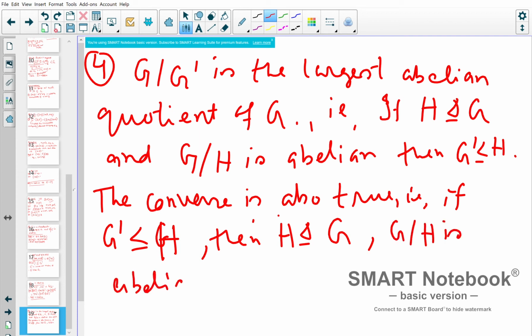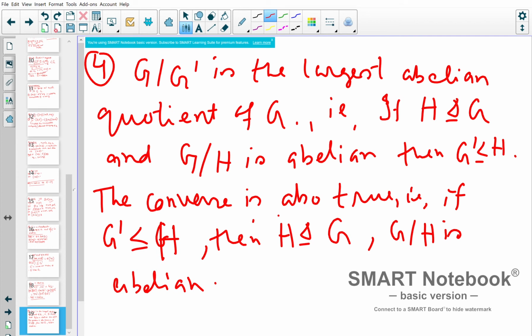So the first part tells you that if H is normal and G mod H is abelian, then G dash is inside H. Conversely, if G dash is inside H, then H is normal in G and the quotient group G mod H is also abelian, right?